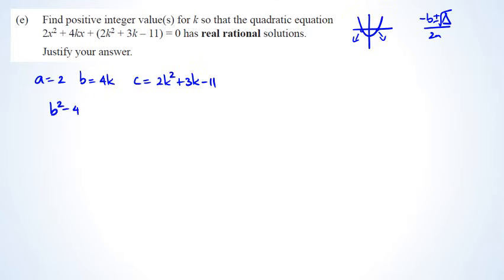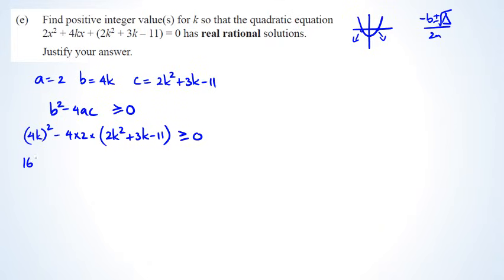So let's work out what the discriminant is first. We have 4k squared minus 4 multiplied by 2 multiplied by 2k squared plus 3k minus 11. Also, the discriminant has to be greater than or equal to 0 for this to have real and rational solutions. So we have this greater than or equal to 0.